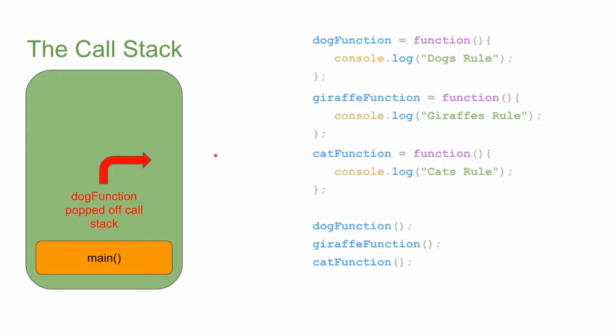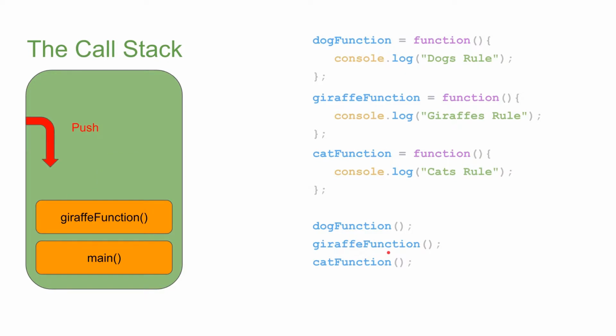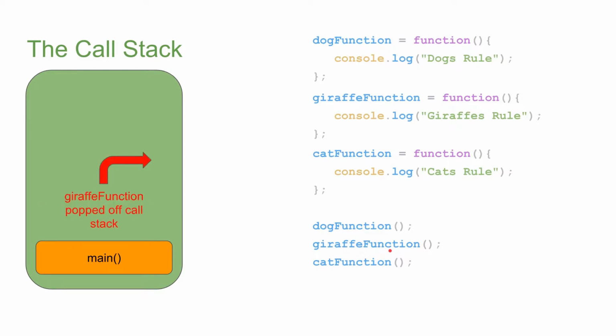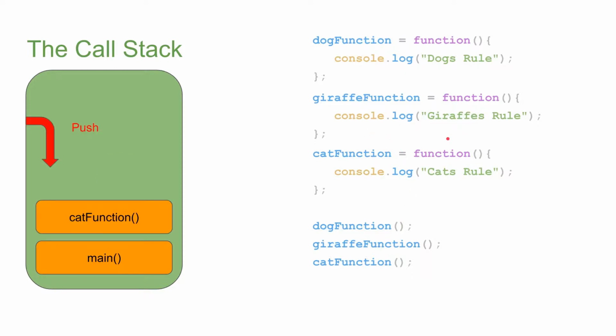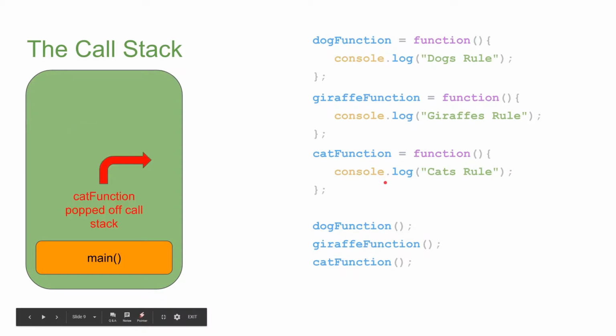After that, the dog function is popped off of the call stack, and the giraffe function is called and gets pushed on the call stack, console.logs giraffe's rule, and gets popped off. Same thing with the cat function: pushed onto the call stack, then popped off the call stack.